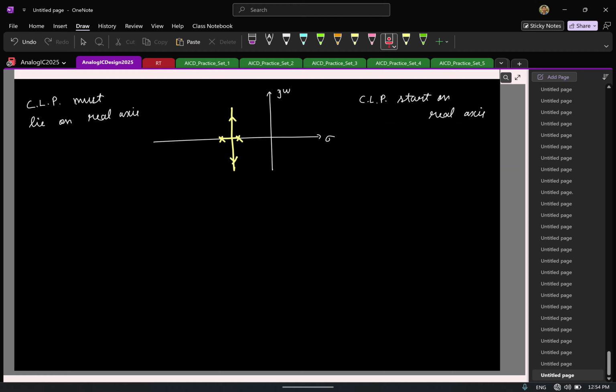So how would you choose these poles to be? You have to choose them to be far apart. Is that clear? So that they start on the real axis, they remain on the real axis for large values of DC gain, and you are safe. So that is one thing you can do: keep the poles far apart.